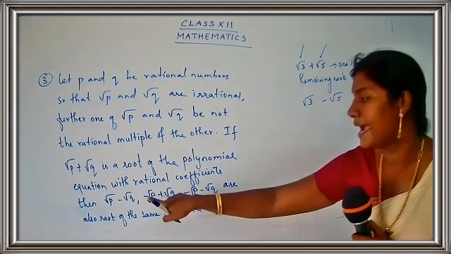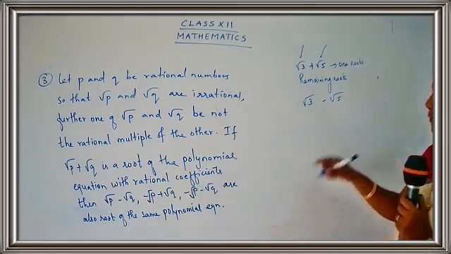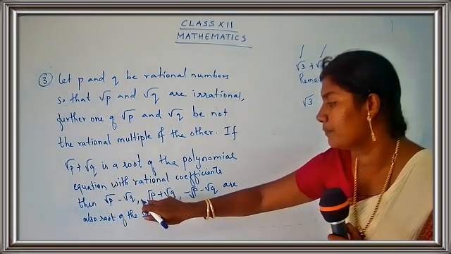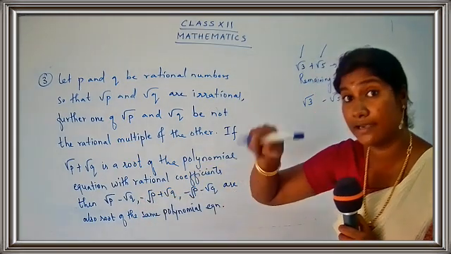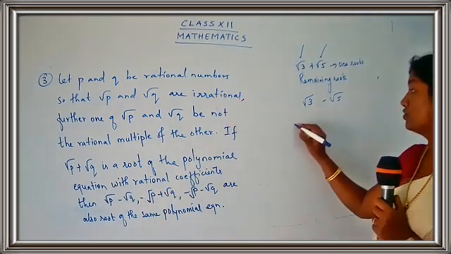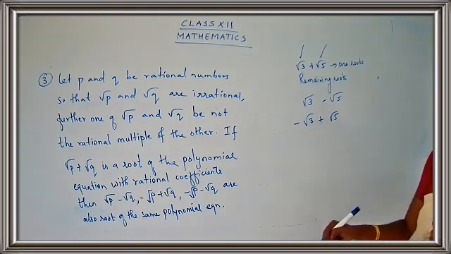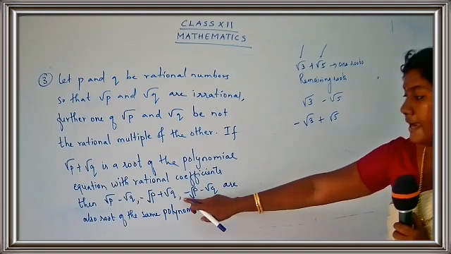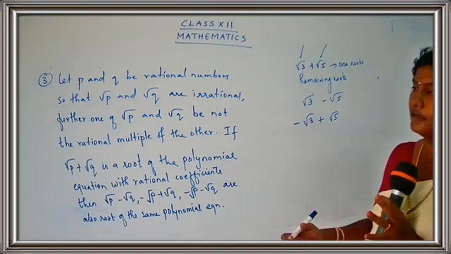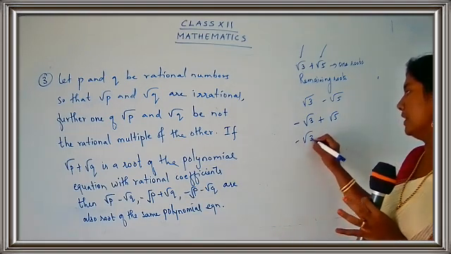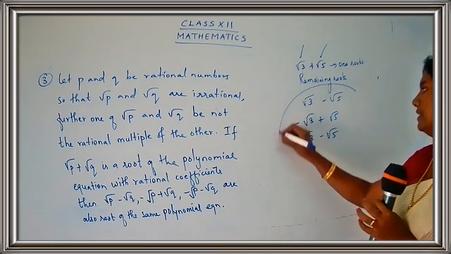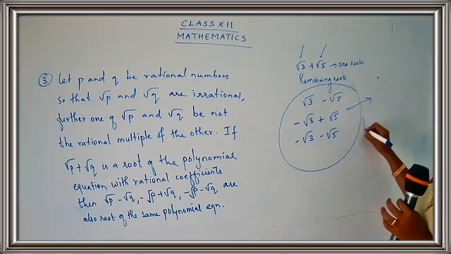The next one is minus root P plus root Q, so minus root 3 plus root 5. The minus should not be written under the square root sign, so be careful. This is another root. And the last one you can write in the form of minus root P minus root Q, so minus root 3 minus root 5. So these are the different ways of writing the roots.